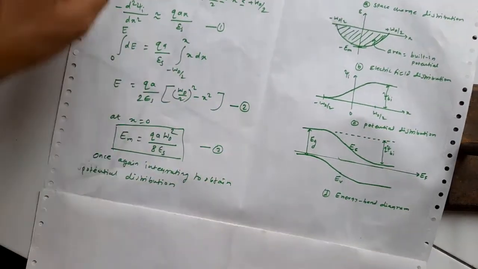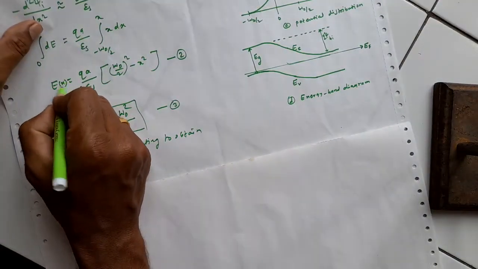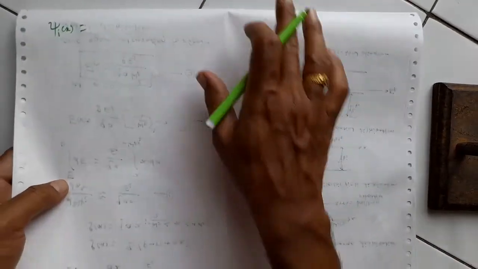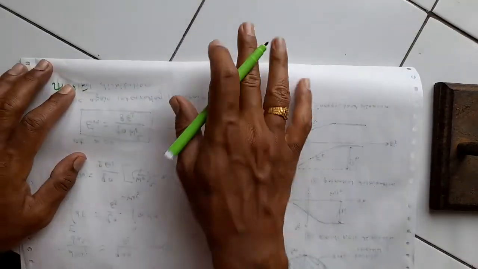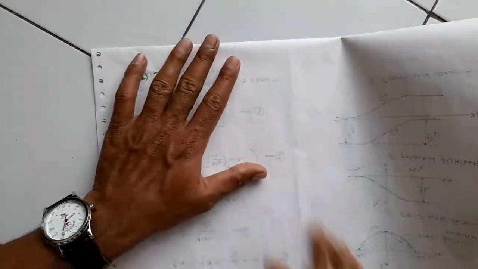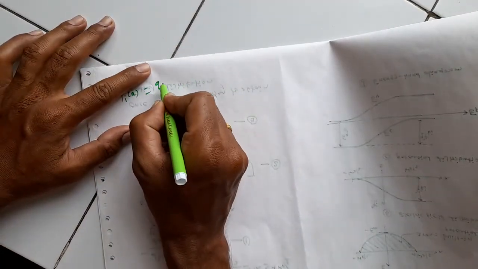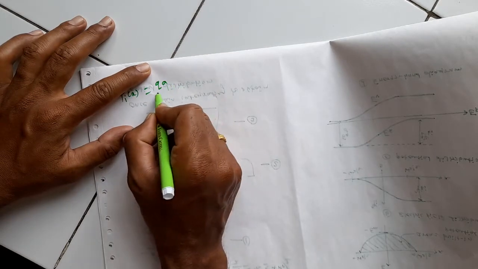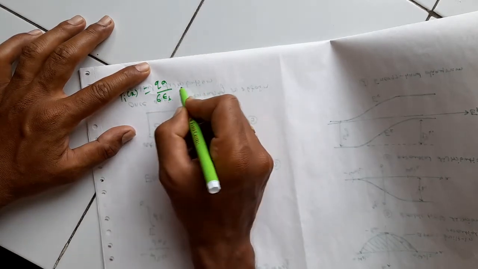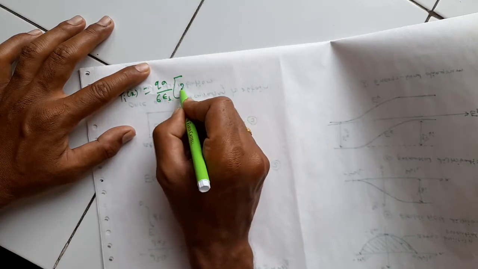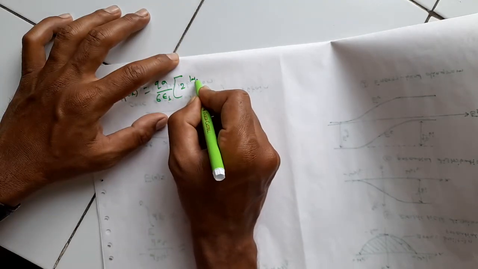So, just considering this arbitrary electric field, which is a function of x, we integrate the electric field to obtain the potential. Okay. So, what will we get? q a upon 6 epsilon s into 2 times w d cube.